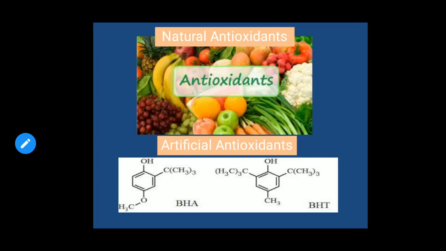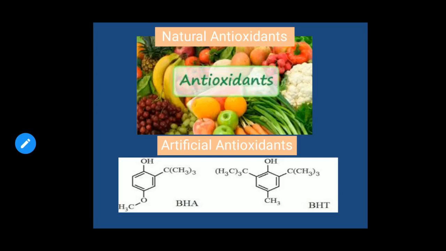Some antioxidants are naturally present in food and some are artificially created to put in food which has high fat content, like cheese, butter. Artificial antioxidants are BHA and BHT. The long form of BHA is butylated hydroxyanisole, and BHT is butylated hydroxytoluene.